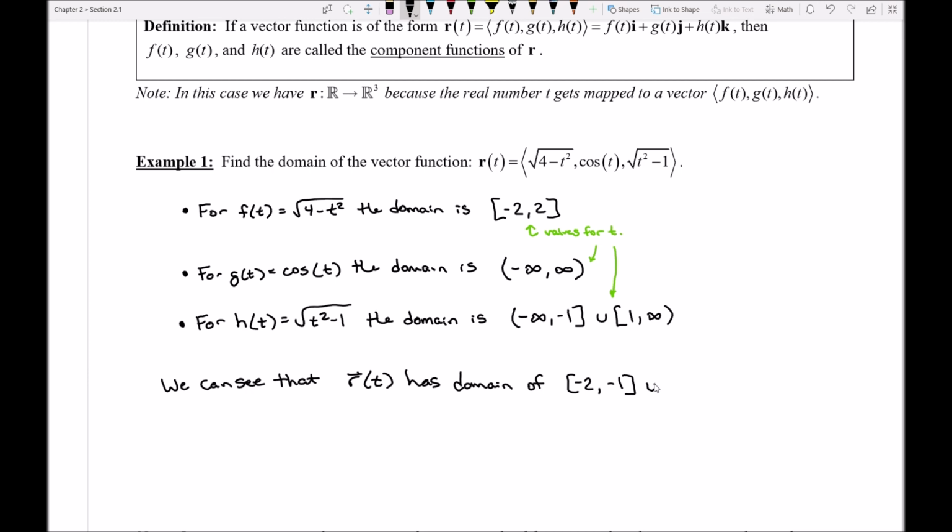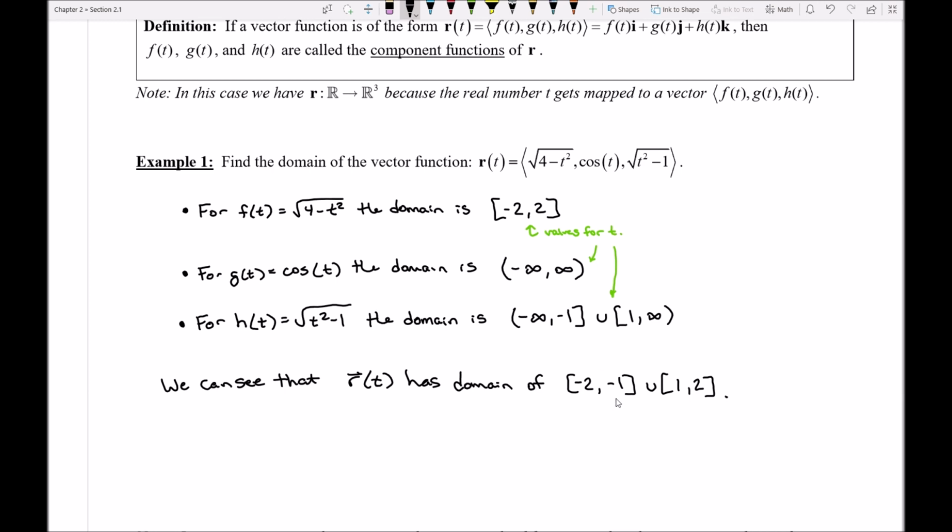However, I can also go from the value of 1 all the way up to the value of 2. And these values work in every single one of the pieces of the vector function. And there are no other values of t that could possibly work in all three of those component functions at the same time. So what we've done here is we found the domain.